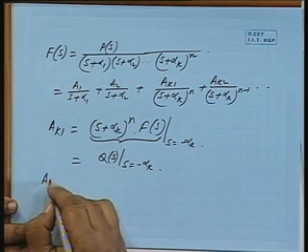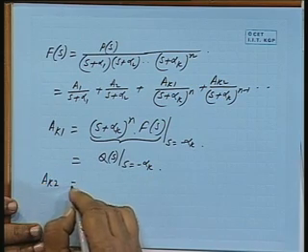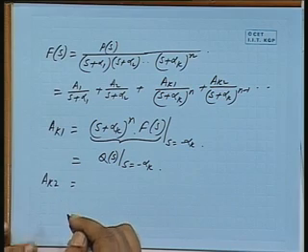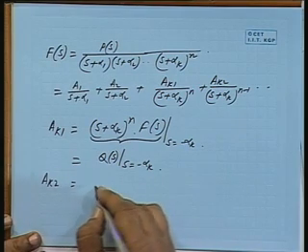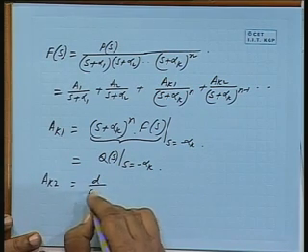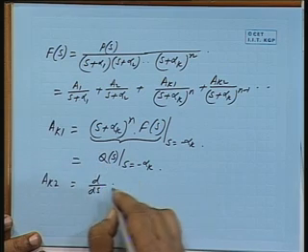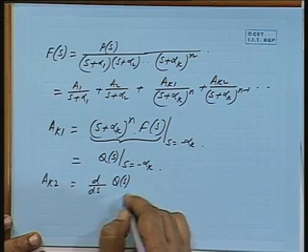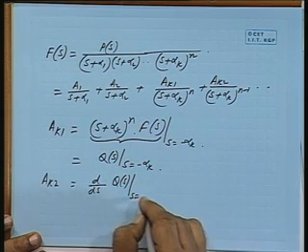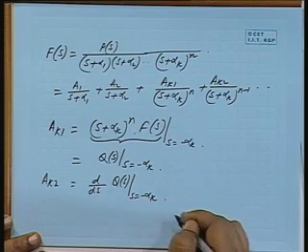Then ak2 will be the derivative of this Q(s), evaluated at s equal to minus alpha k.